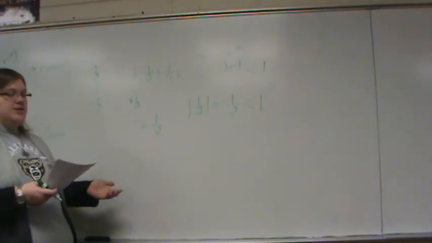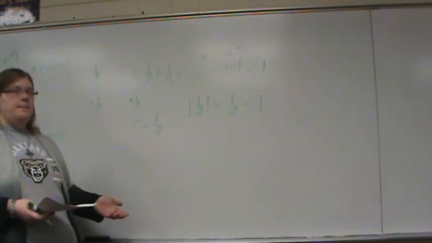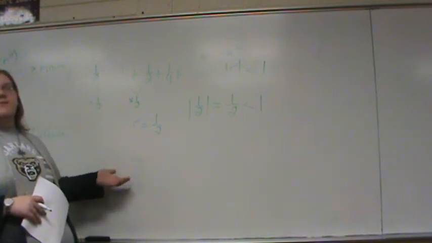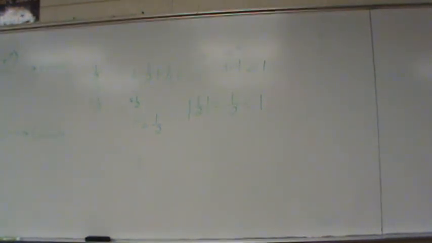The next question says, if it does converge, what's the sum? We just said that it converges, so now we're going to use this equation to find the sum. For this equation, we only need two values: an A1 value and an R value. We already found our R value.